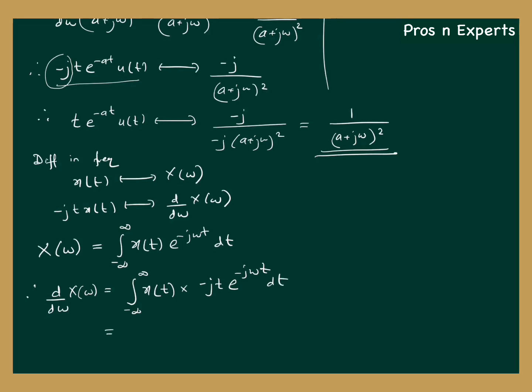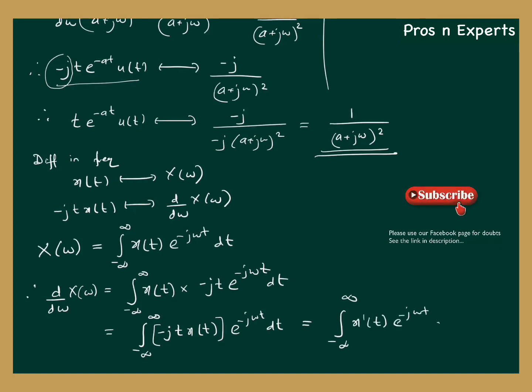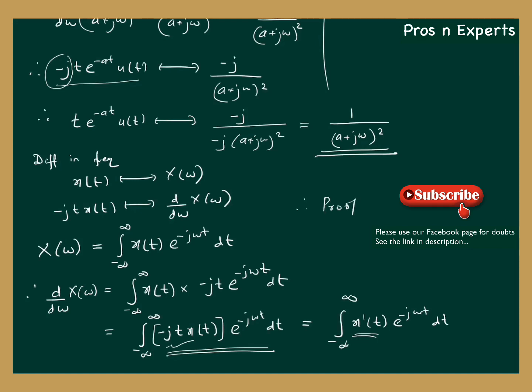Now this is equal to, I can write it as integral from minus infinity to infinity of minus j into t into x of t into e raised to minus j omega t dt. So this expression is similar to the integral from minus infinity to infinity of some x dash of t into e raised to minus j omega t dt, which is nothing but the Fourier transform of x dash of t. So this expression is the Fourier transform of minus j into t into x of t. Therefore, the property is proved.